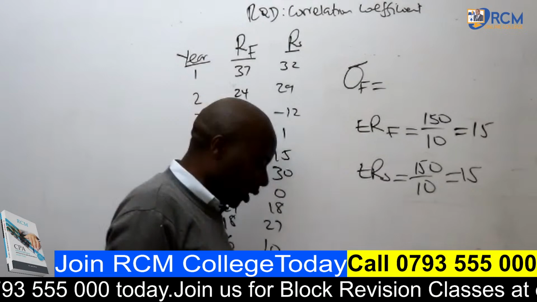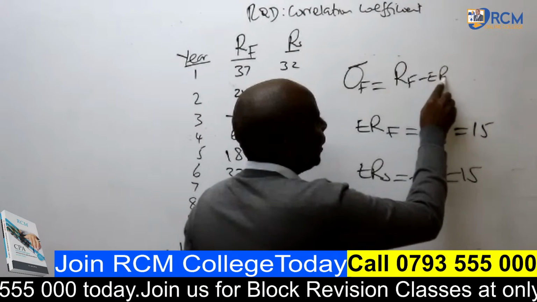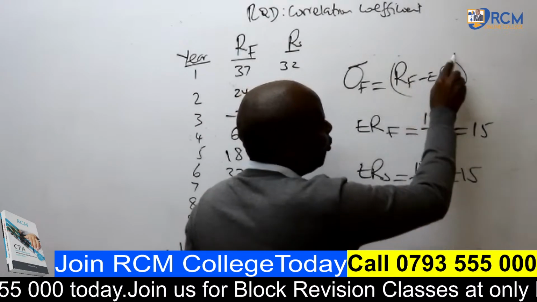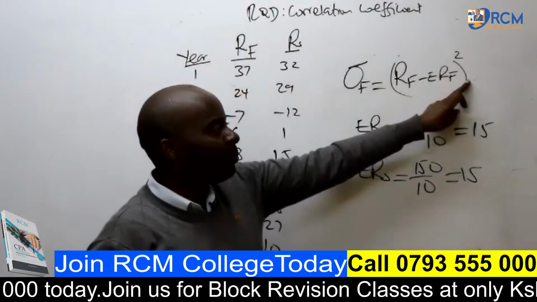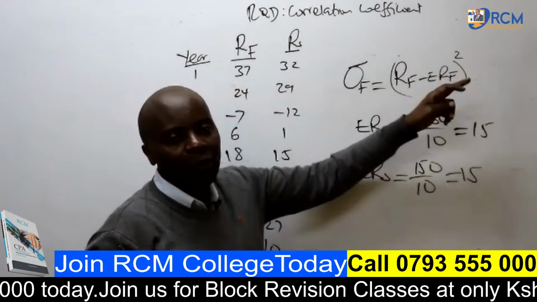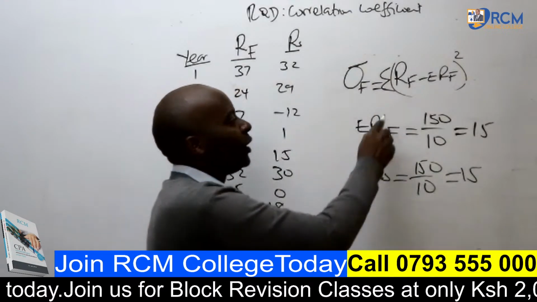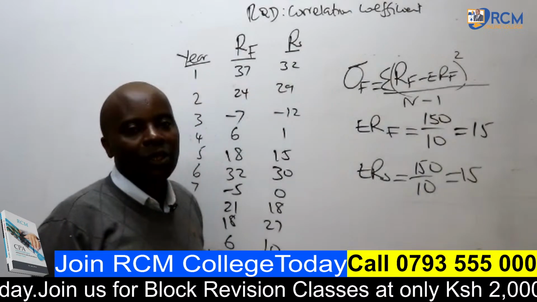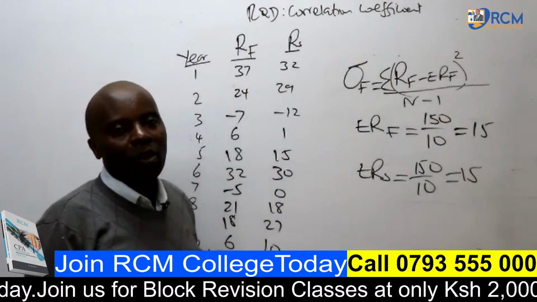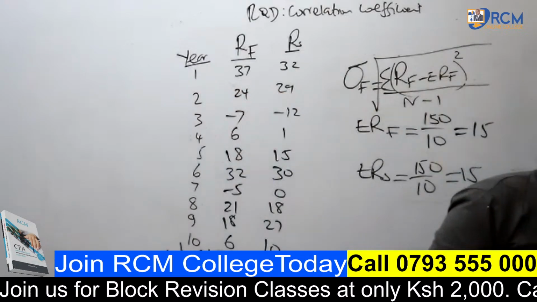It will be returns of F minus expected returns of F, and then we square. If I had a probability, I would be very happy, but there are no probabilities here. So I need to get the total, and then average this by dividing with n minus 1, and then, of course, take the big square root.